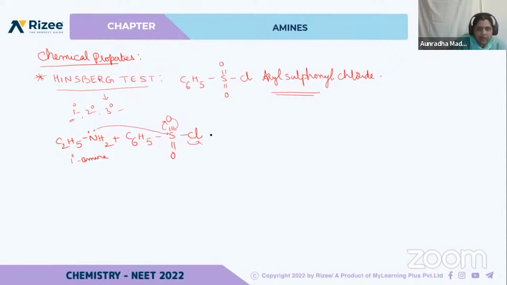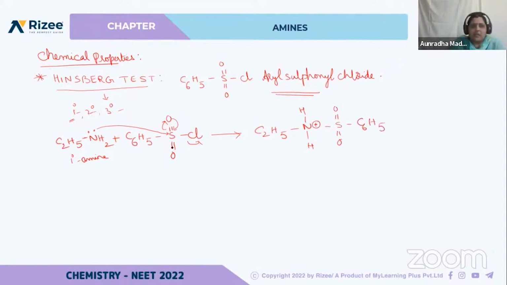So how is it going to look? C2H5 N positive, as it has donated its electrons, NH, S double bond O, S double bond O, and one more aryl group, C6H5.